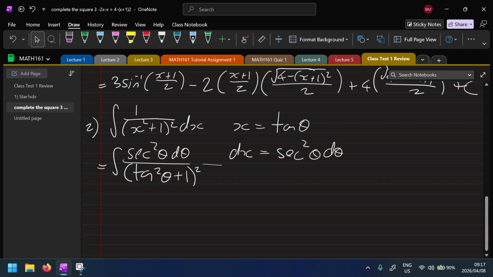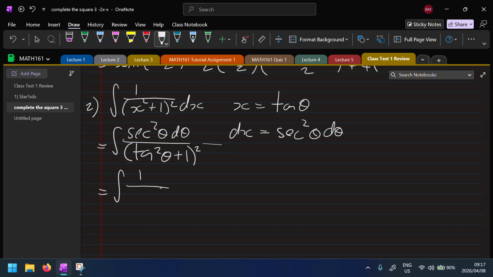Squared again. What's tan squared plus 1? Sec squared, yeah. So sec squared and then squared again. So we have sec to the 4 at the bottom, sec squared at the top. So it will be 1 over sec squared. Now, we don't really want to work with the sec squared.